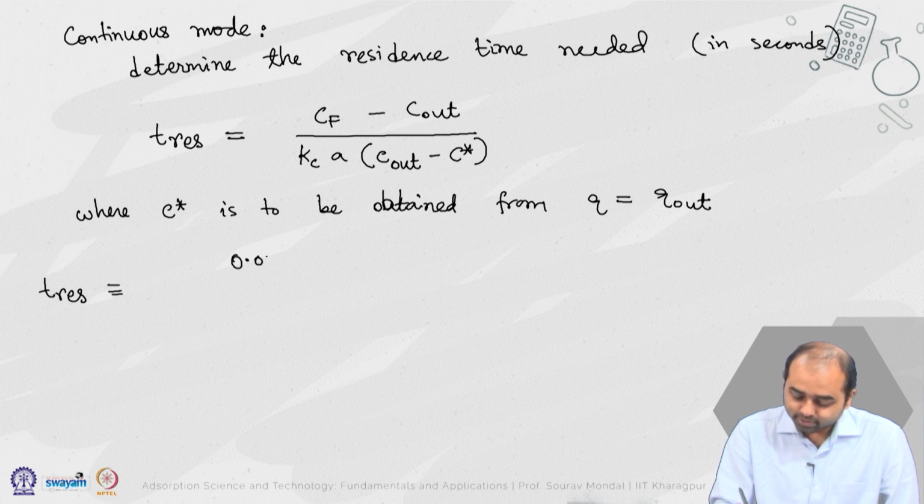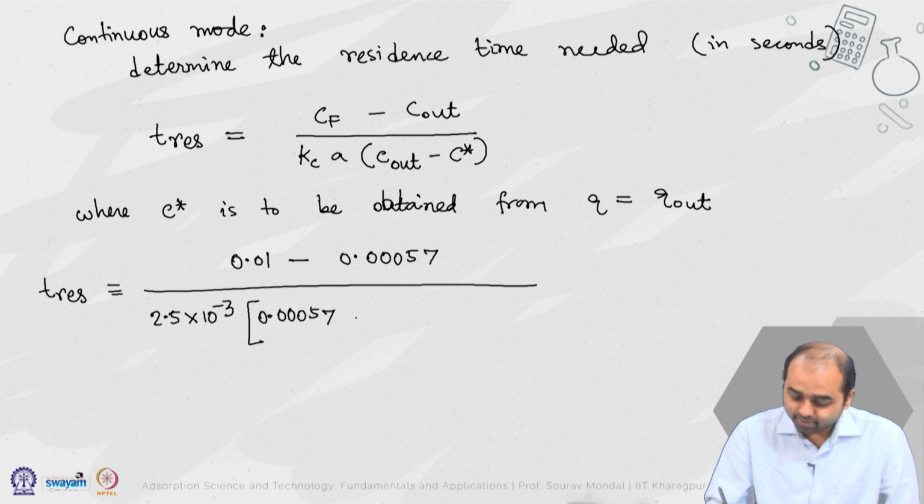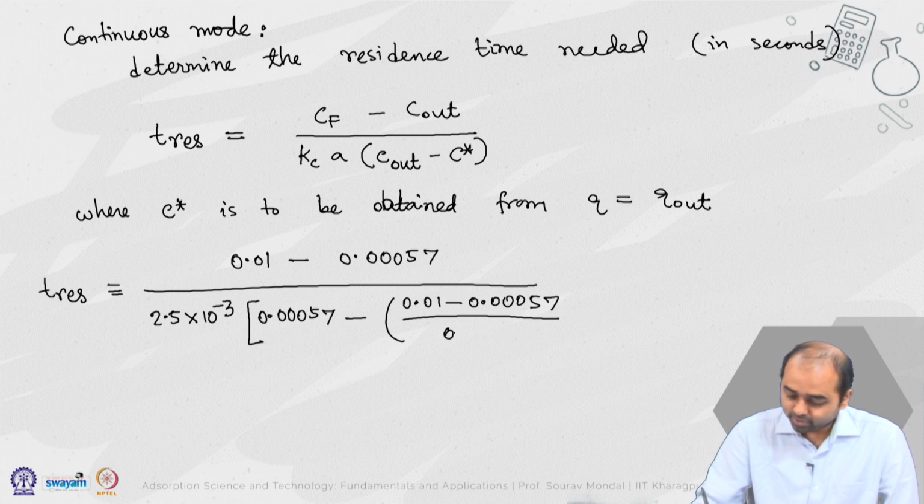So the numerator is 0.01, that is the inlet, and outlet is the reduced concentration 0.00057, that is what we target, divided by Kc into A is 2.5 into 10 to the power minus 3, and C out value is 0.00057, and the C star value is given from this expression, that is 0.01 minus 0.00057 divided by 0.1057, that is 10 multiplied with 0.01057 to the power 4.35.